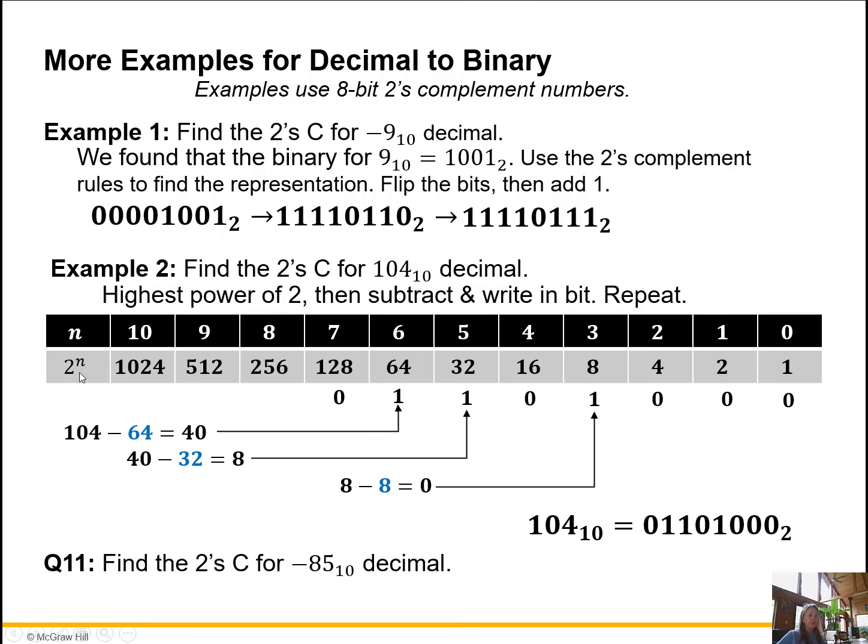So you're going to go through here and say, I'm going to have a 64. And then you're going to subtract off, figure out what that is. Once you get the positive base 2 representation, remember that you will flip the bits, then add 1. At the end, you should get for your 8 bits 1 0 1 0 1 0 1 1.